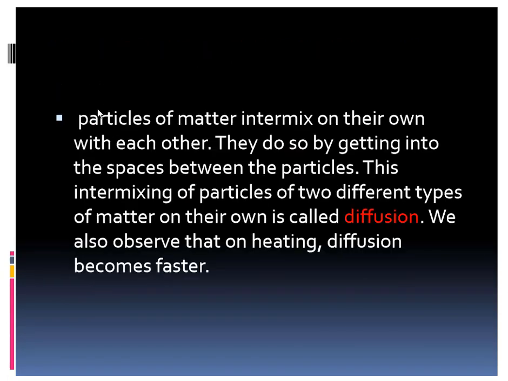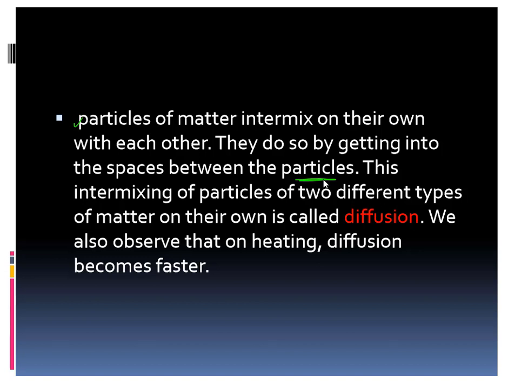The next point: particles of matter intermix on their own with each other. When we add different particles, they get intermixed with each other by getting into the space between the particles. So how do they mix with each other? Different matters have different insides.